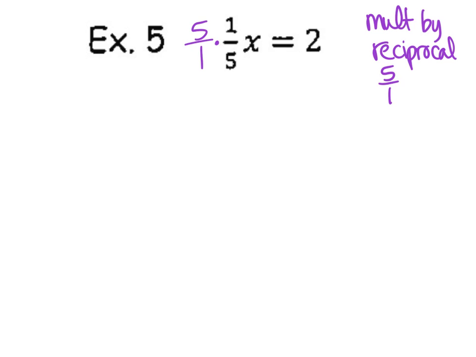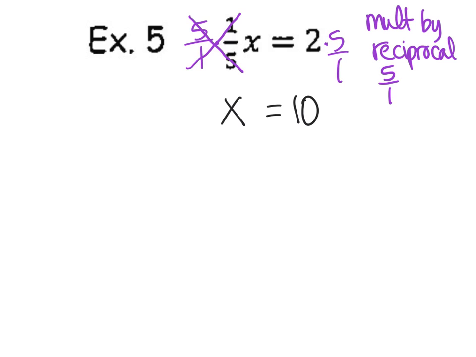I want 1/5 to go away. These 5s cancel, these 1s cancel, x is now all alone. That's how to get rid of a fraction that's in front of a number. And then on the right, 2 times 5. 10.